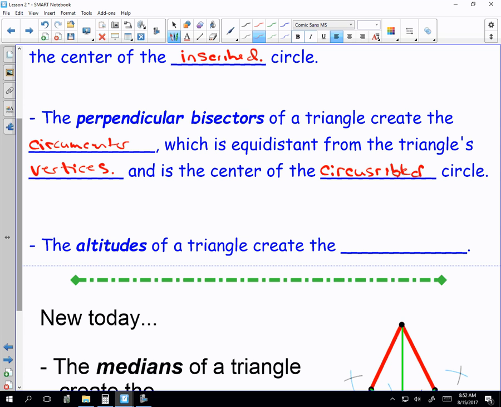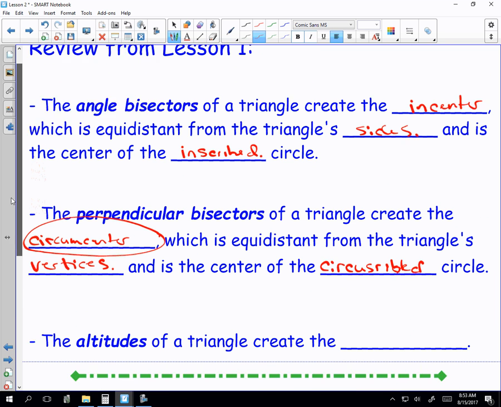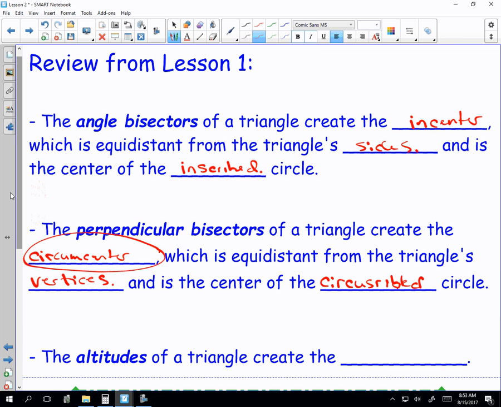Apologize for the writing there. So that circle touches all of the vertices, but is outside of the triangle. So that's what you want to remember: the circle is outside of the triangle in the circumcenter. The circle is inside the triangle when we have the incenter.